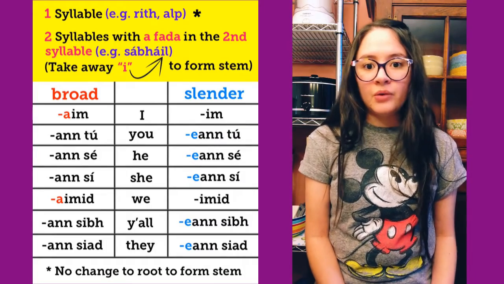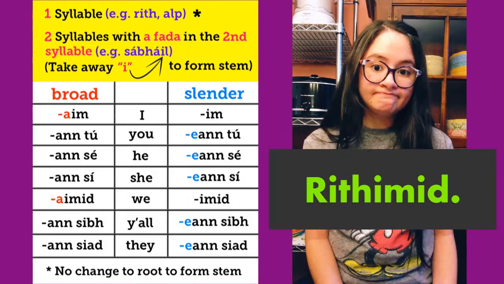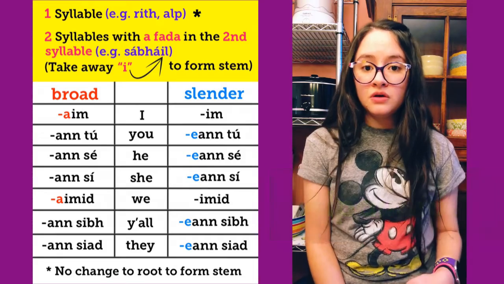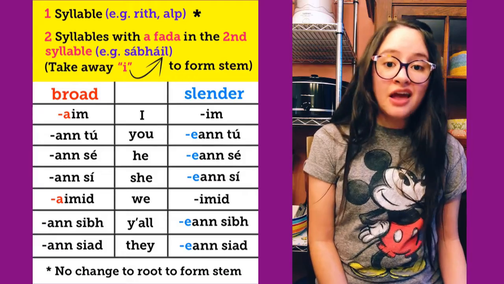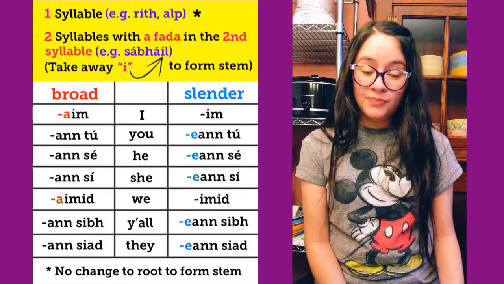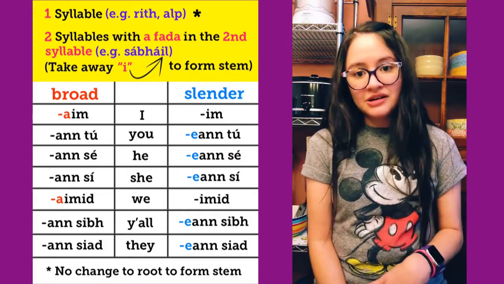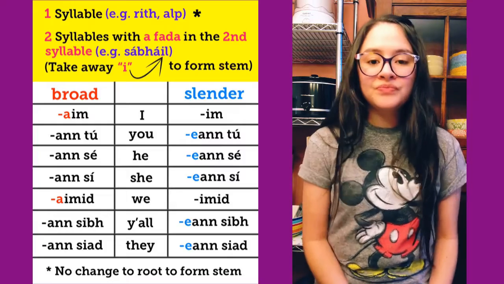So for example with that one, like we run, that's slender, so it would be rehimage. Alp, we devour, would be alpamage. For y'all, it would be ANN shiv if it's broad, and EANN shiv if it's slender. And for they, it would be ANN shid if it's broad, and EANN shid if it's slender.